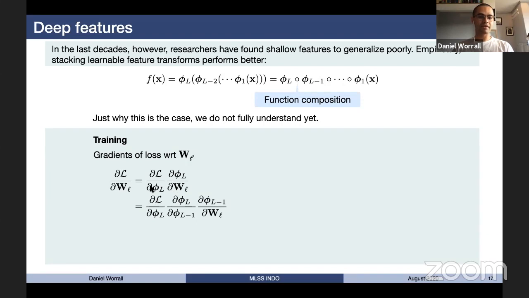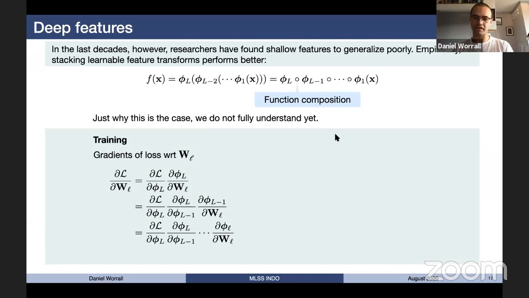We can expand the derivative again and again, and essentially we get an expression for the derivative of the loss function with respect to the parameters of the nth layer, in terms of the derivatives of each of the individual component functions.